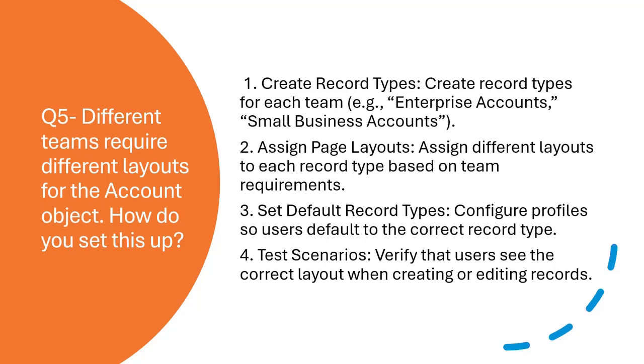So I'll be configuring the profiles so users go to the correct record type, and verify. Then the last thing is that I'll be verifying the changes that I have configured in the sandbox environment, that the user sees the correct layout while creating or editing the records.